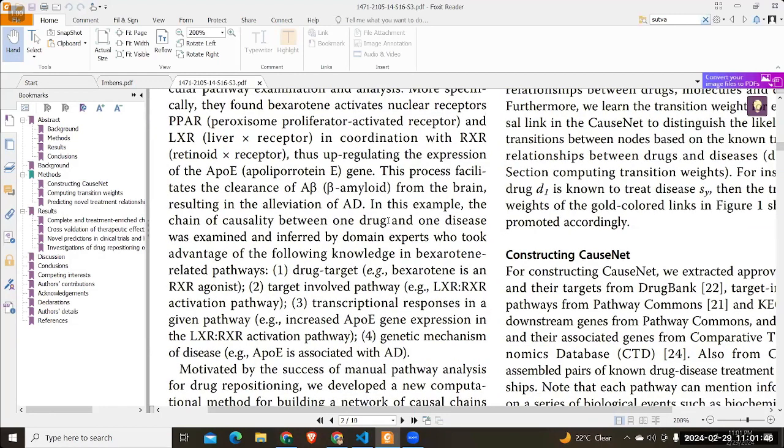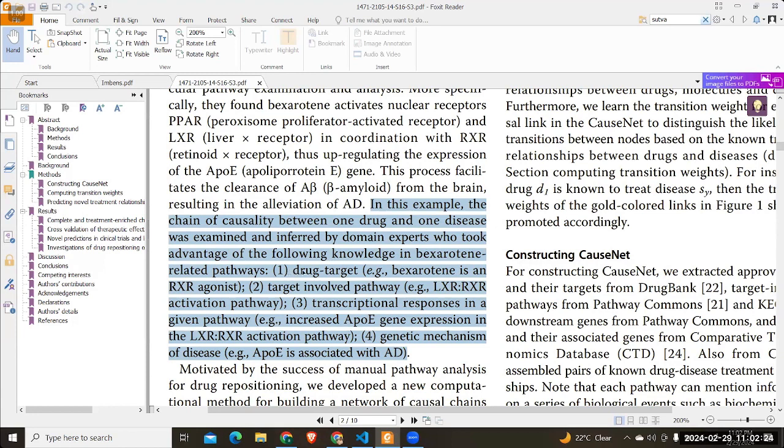They have given an example of it. Here is the example. They said that through this they have found that a drug called bexarotene, which was previously used in treating cancer, has a new pathway that indicates it can be used for Alzheimer's disease, where it can clear the amyloid beta from the brain.